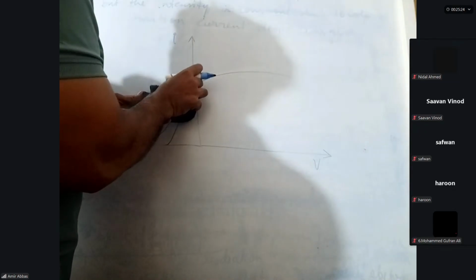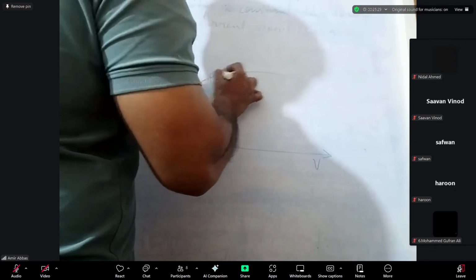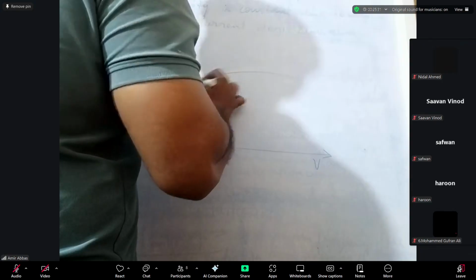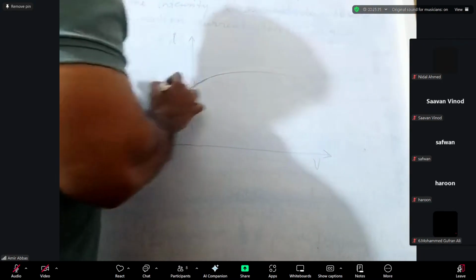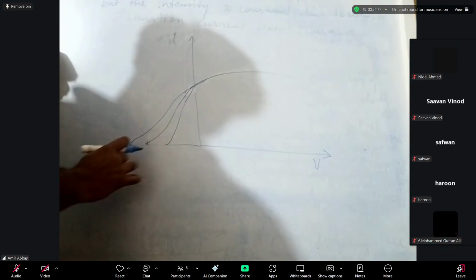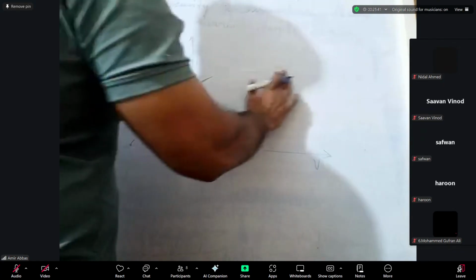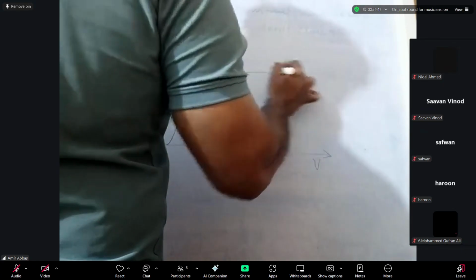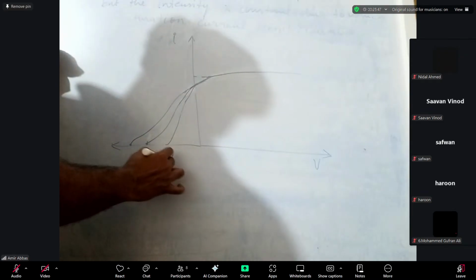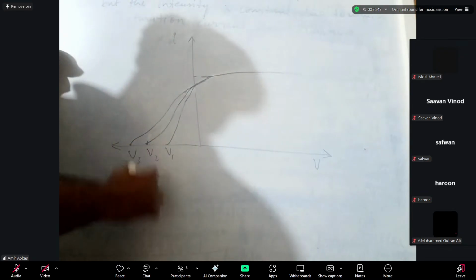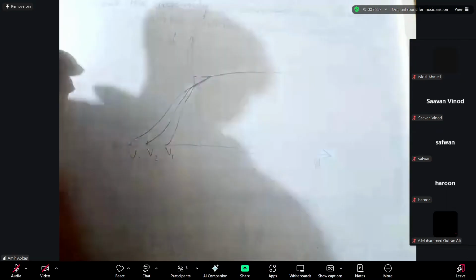On increasing the frequency of an incident radiation, the stopping potential, V1, V2, V3, increases, but the saturation current is constant.